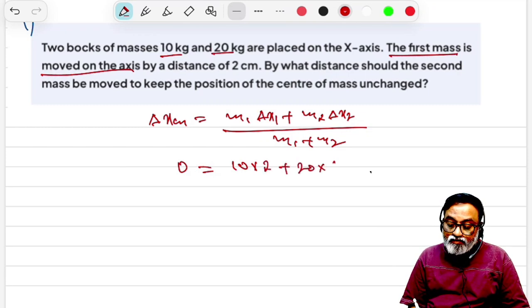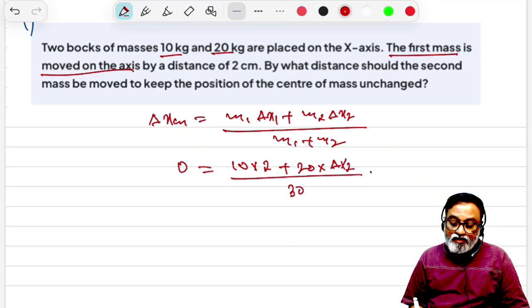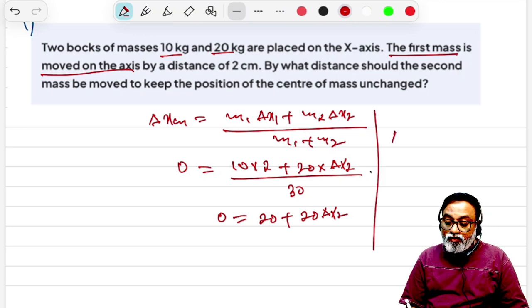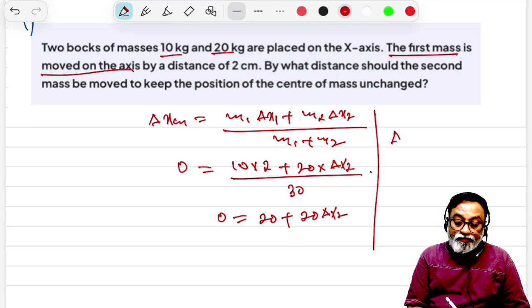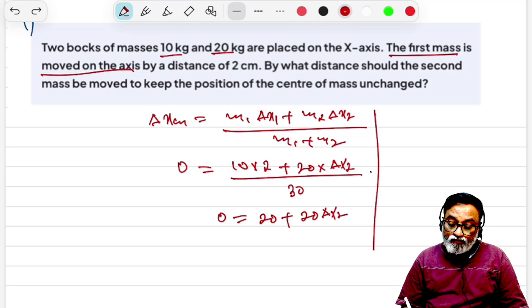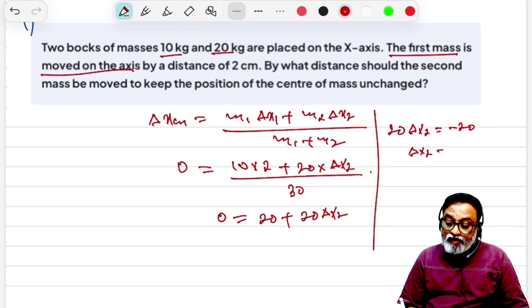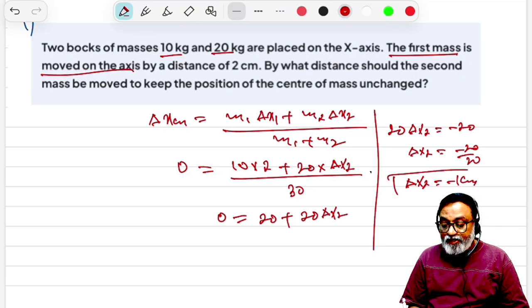M2 is 20 kg, we have to find delta x2, by total mass 10 plus 20, 30. By cross multiplying, this is 0. So 0 is equal to 20 plus 20 delta x2. Therefore 20 delta x2 is equal to minus 20. Therefore delta x2 is equal to minus 20 by 20, so delta x2 is equal to minus 1 centimeter.